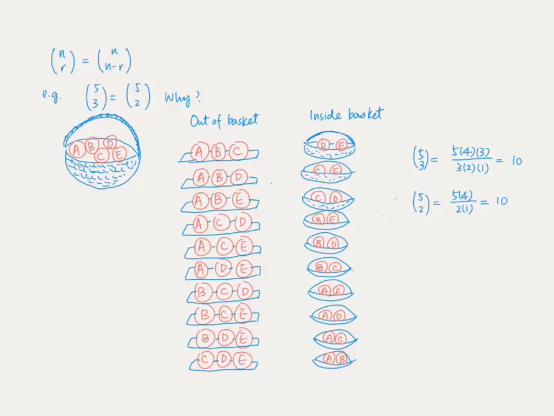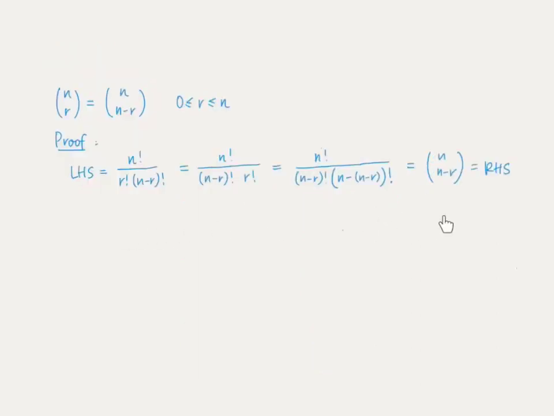In general, the number of ways of choosing R items from N items will be equal to the number of ways of choosing N minus R items from N items. Thus, the value of N choose R is equal to the value of N choose N minus R. We can also refer to this simple proof here.